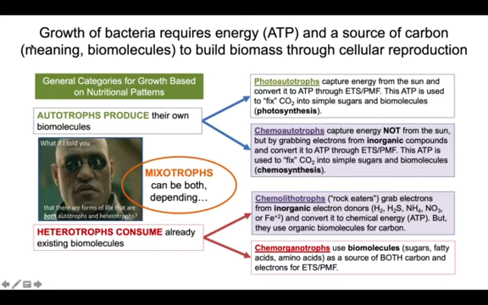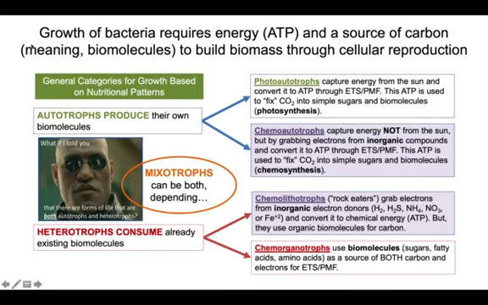Anyhow, photoautotrophs capture the energy from the sun, okay? And then it is converted to ATP. So that ATP then is used to pluck carbons from carbon dioxide and incorporate them into simple sugars. Okay, that's their food, the sugars.